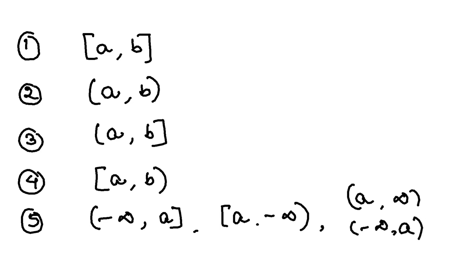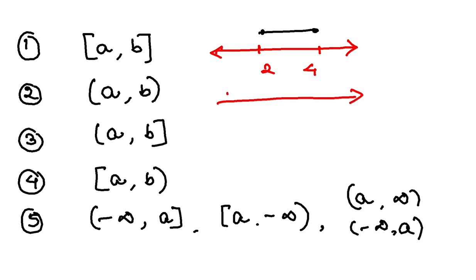Okay, so I hope you have learned everything related to the intervals. Let me draw the graph again so that you understand it better. So closed means everything between 2 and 4. We'll put dots here. Open means everything between a and b, 2 and 4 rather, and this time both ends open.